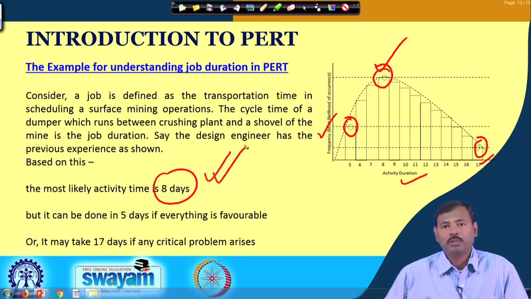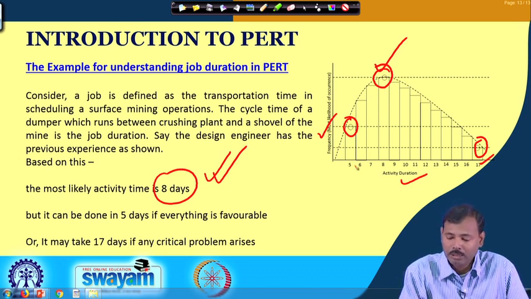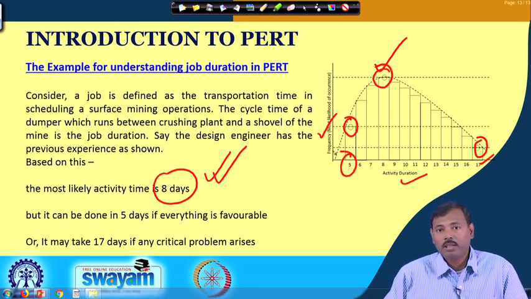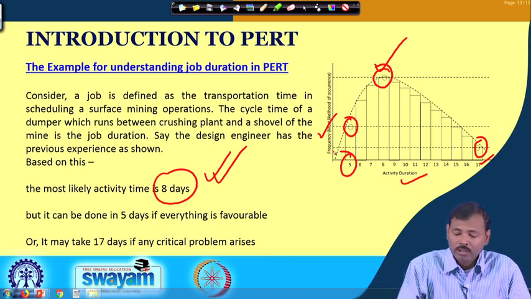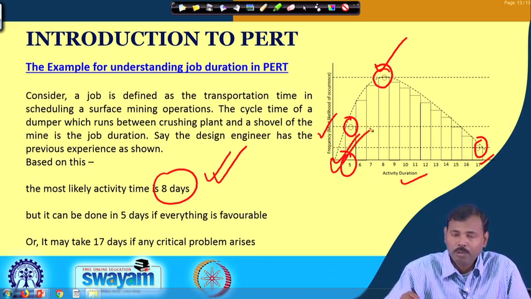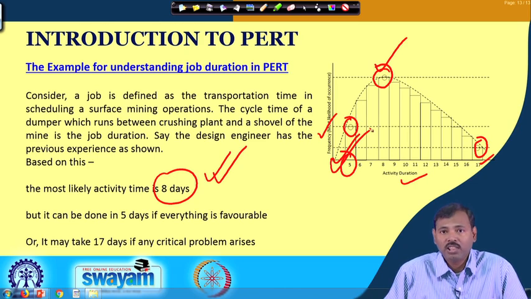This is the most optimistic time: maybe the dumper operator drove very fast or everything was fine, and that is why the time taken was very little. So, this was the minimum time we have experienced so far.